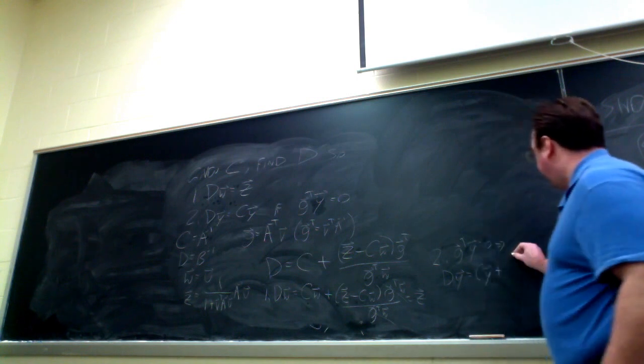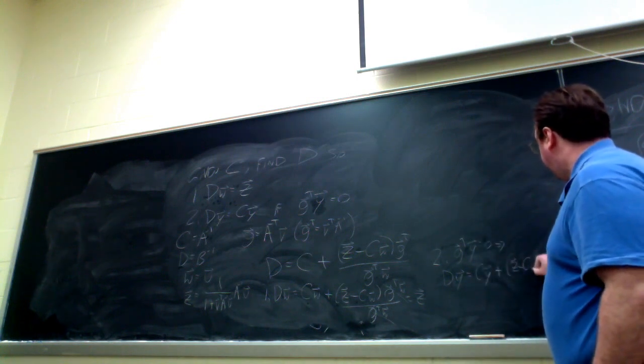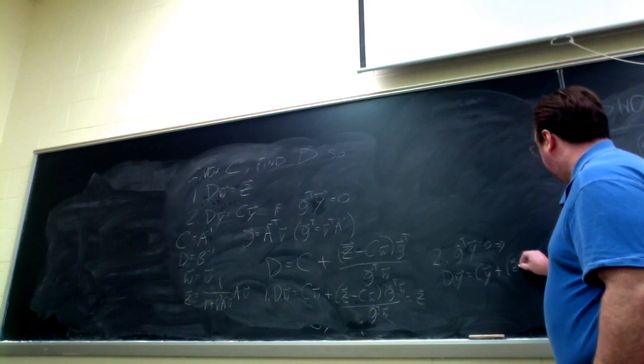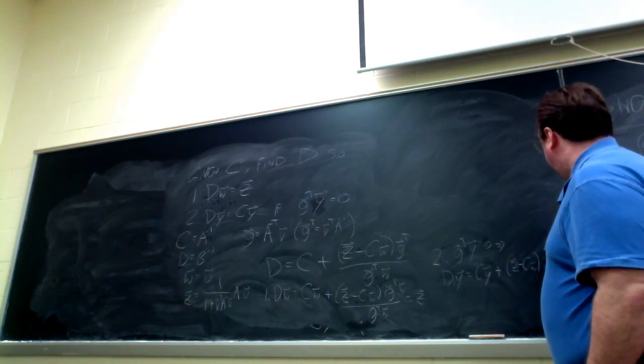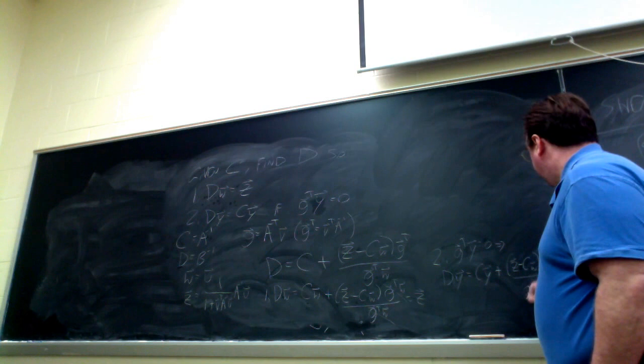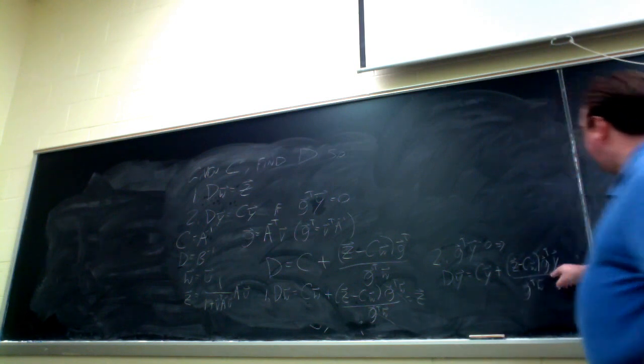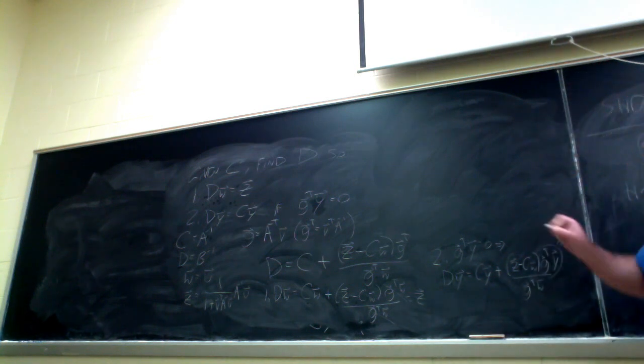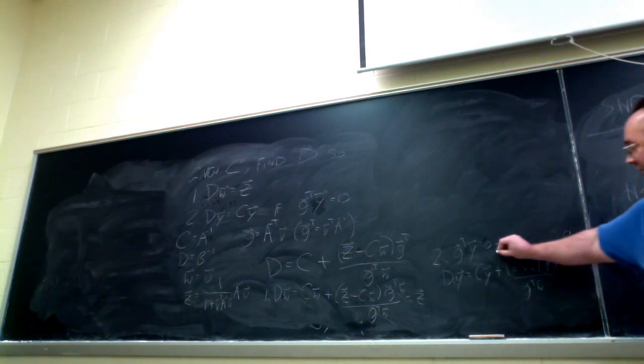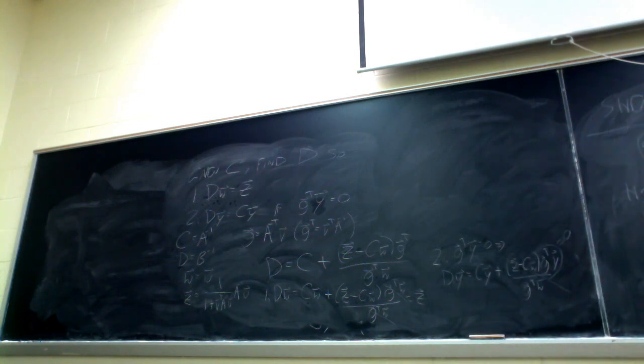And then for the rest of it, we have Z minus CW, G transpose y over G transpose W. But G transpose y is 0, which causes this whole term to disappear, leaving only dy is equal to cy. So that's how we can use an outer product update to have a matrix satisfy these two properties.